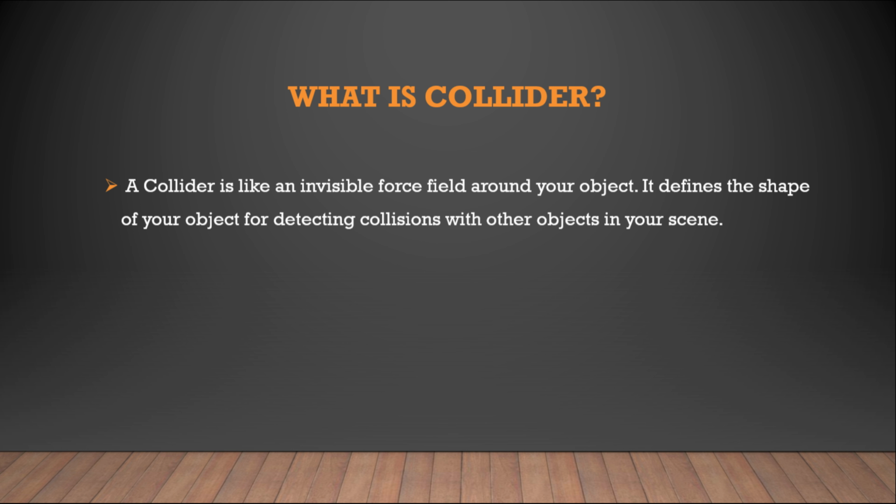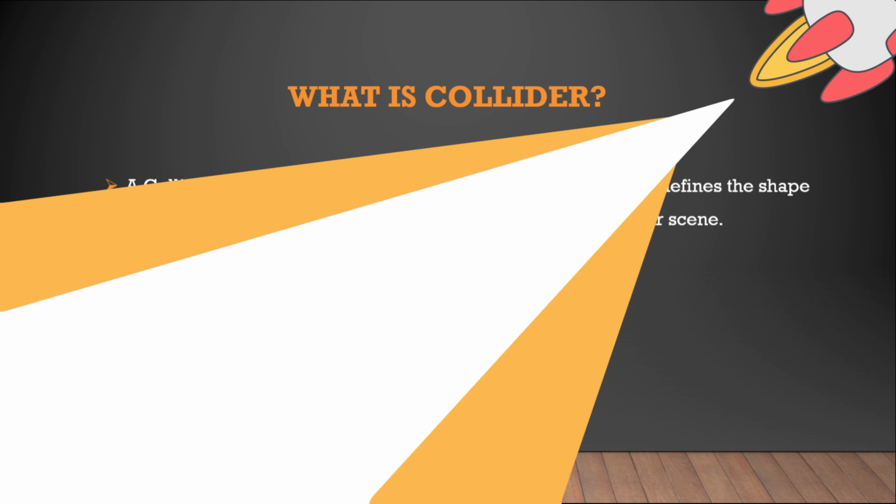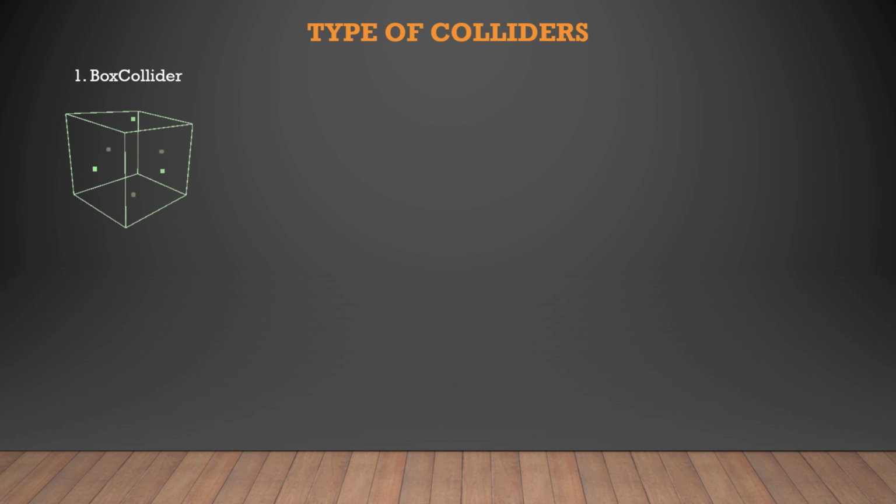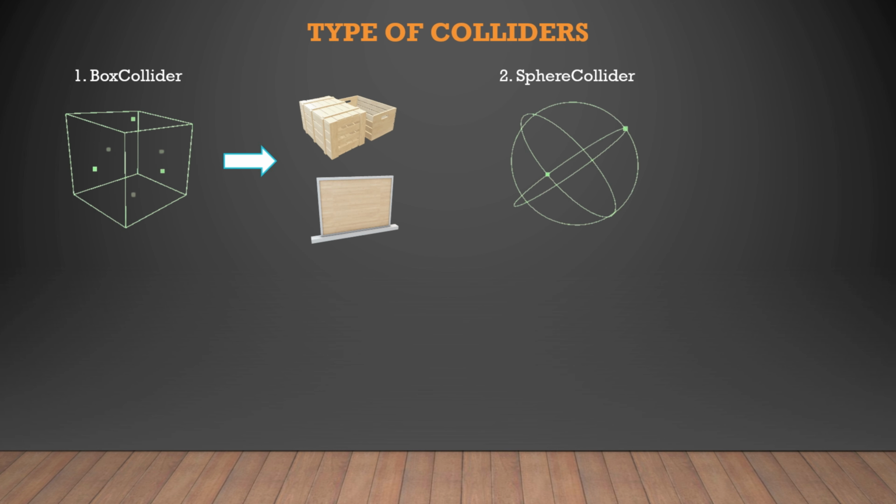Now, there are a few different types of colliders depending on the shape of the object you're working with. Let's go over them quickly. First, the box collider defines a cube-shaped collision area around an object. It's great for square and rectangle-shaped objects like wooden boxes, walls, and etc. The second type is the sphere collider.